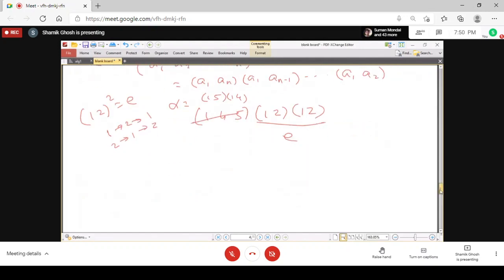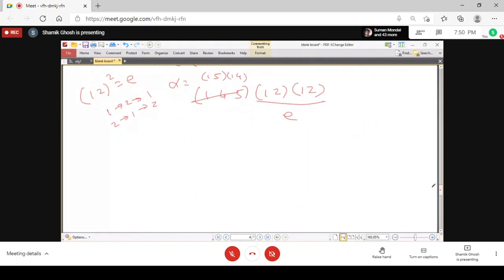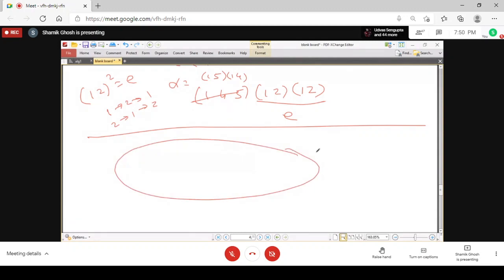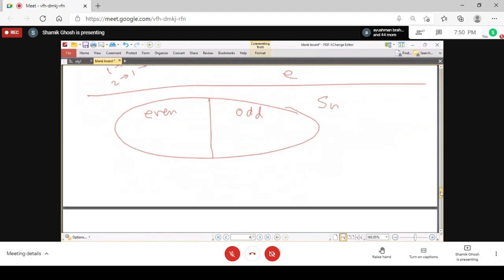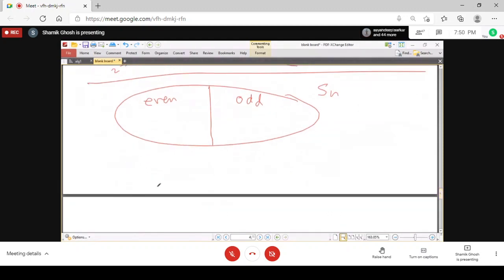But why are we doing so? Because we will do another thing: we will classify the whole set of permutations into two parts. One will be called even permutation, another will be called odd permutation. All the permutations which can be written as a product of an even number of transpositions are called even permutations.